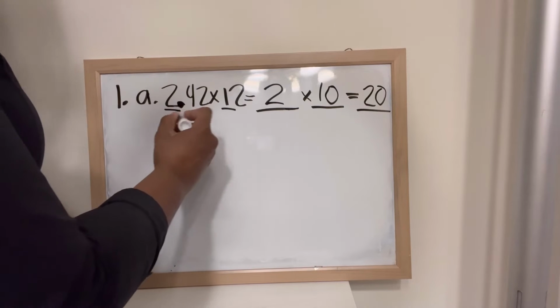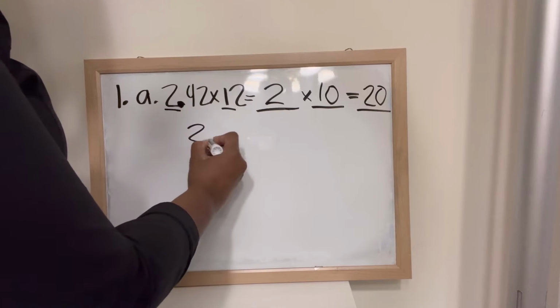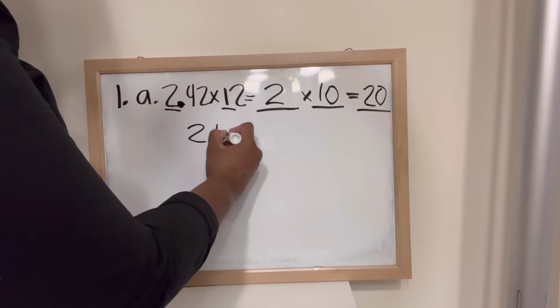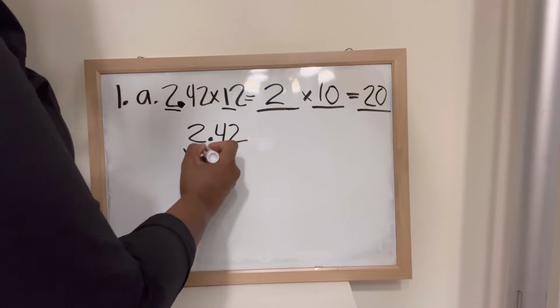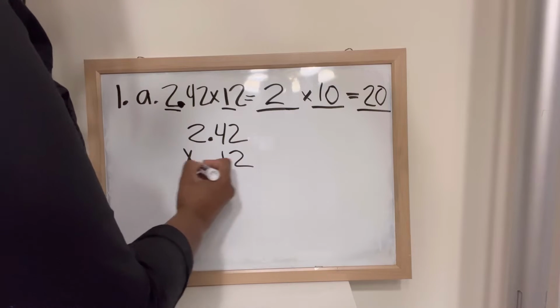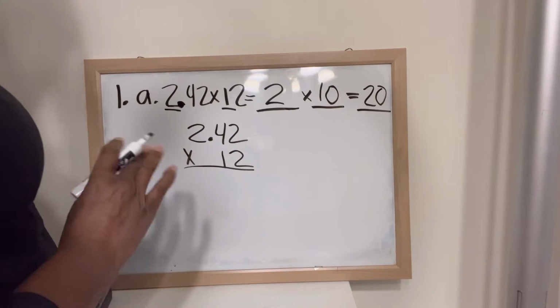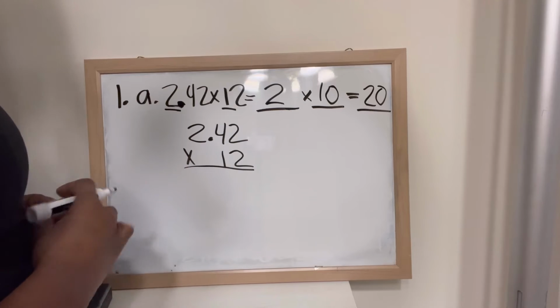Now students are asked to do the standard algorithm. If your child is more comfortable using the area model, allow them to use the area model. But we're going to do the standard algorithm.